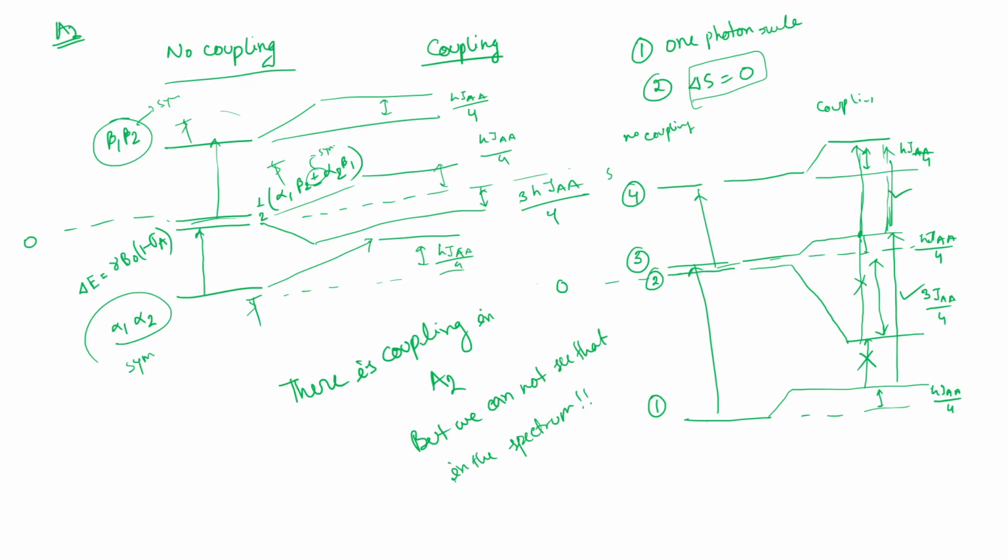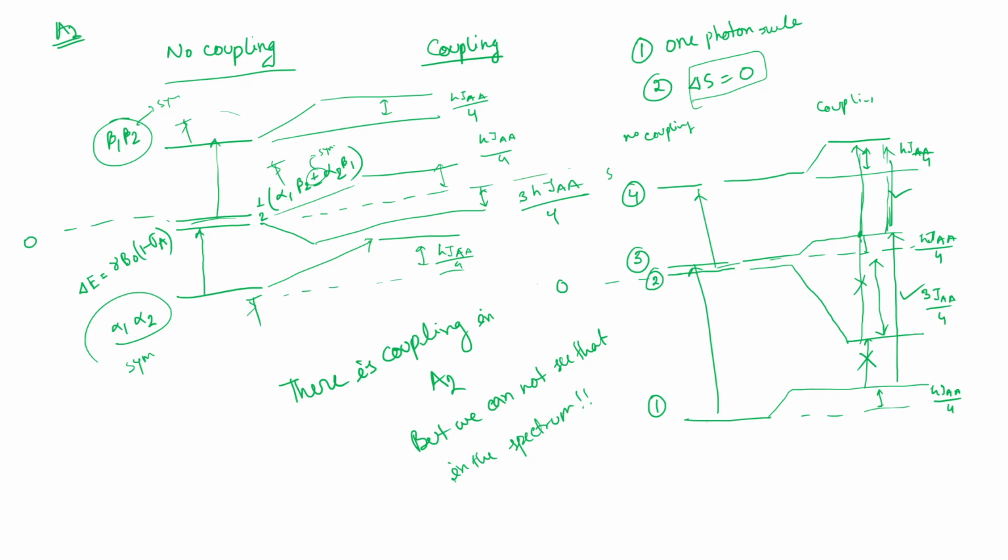So you are going to expect transitions only among the triplets, like 1 to 3, 1 to 4, or 2 to 3. But again, you can't expect 1 to 4, because of the one photon rule: you cannot change two spins by one photon, you would require two.